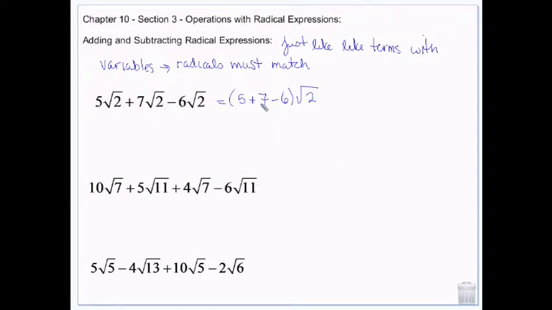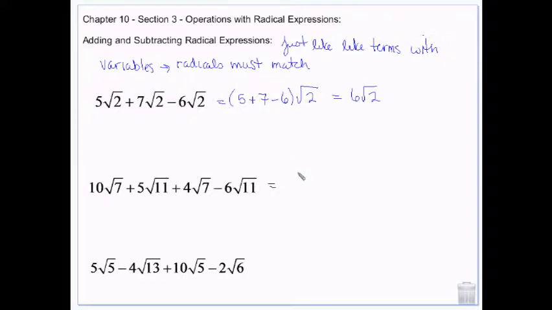So 5 plus 7 is 12, minus 6 is 6. Just like terms. Nothing happens to the square root. It stays exactly the same. You just add and subtract the number out front. If there is no number out front, it's a 1. Just like with an x, if there's no number on the x, it's a 1. They act just like variables.